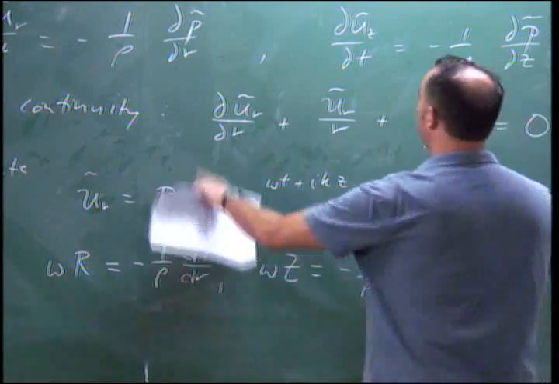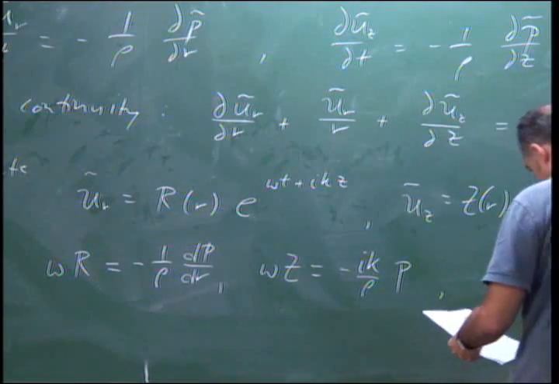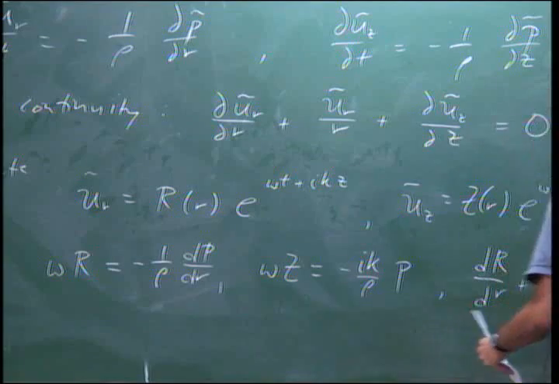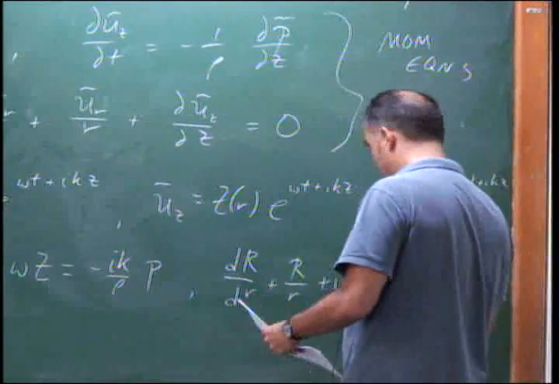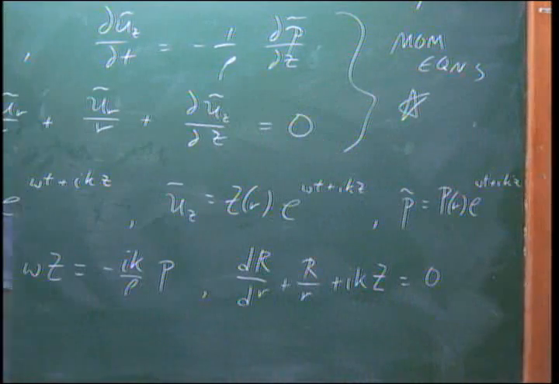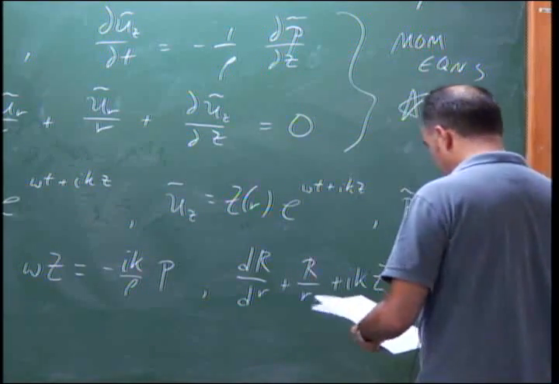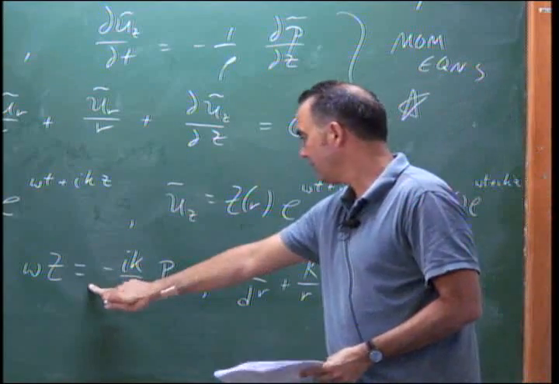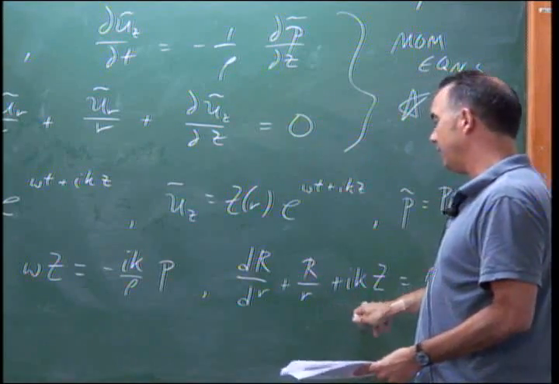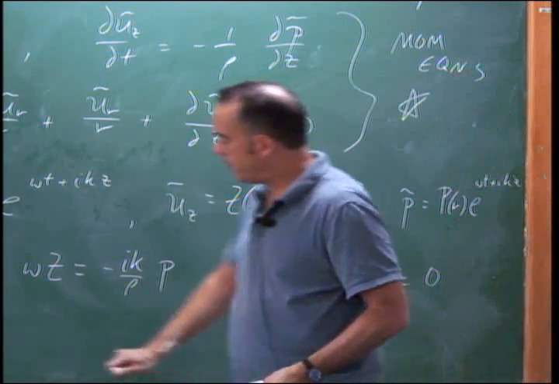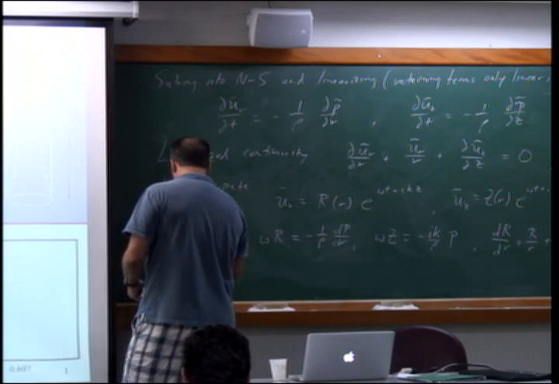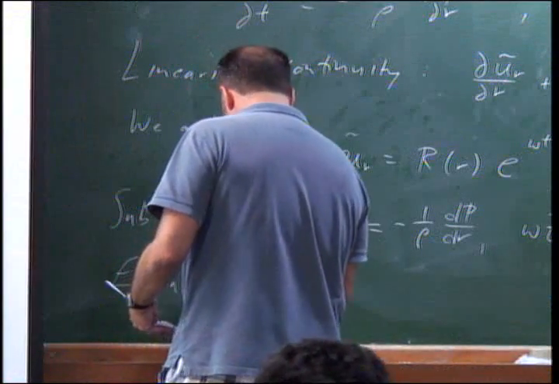Okay, so these come from the momentum equations, and now the continuity equation gives us... okay, so what we do is we sub this, solve for z from here, sub it in here, then we take a derivative, and we get a single ODE for R. Again, I have notes.